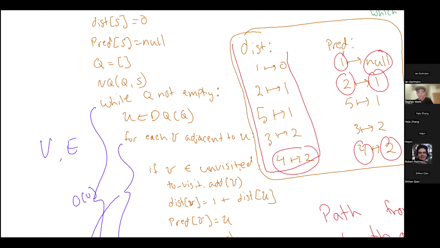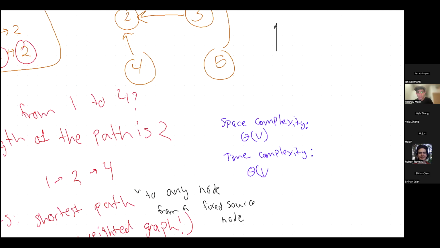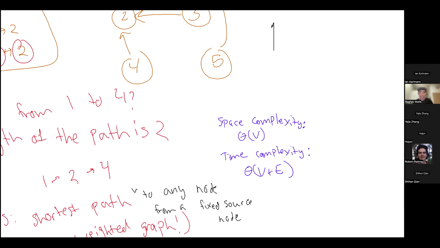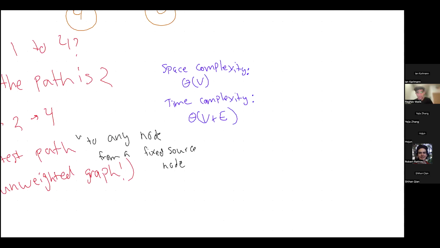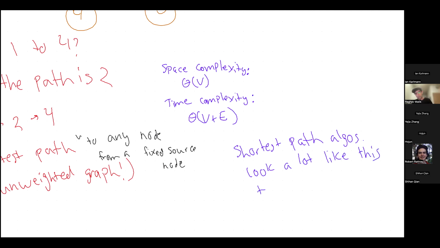It runs for each edge. Yeah. So I end up with something that looks like that, right? Later on, when we talk about other shortest path algorithms, they're going to look a lot like this, just with some optimizations built on top.